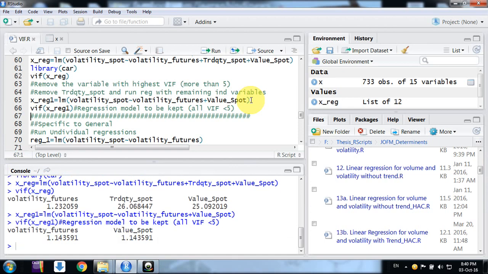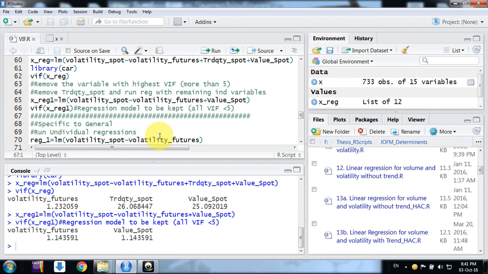Now I can see it's less than 5 for the two variables I am using in the model. So friends, this is the model I need to keep for my paper or my purpose. So simply friends, in a nutshell, when you know that this is your dependent variable, and it could be explained by some independent variables, you start with all of them at once, and then step by step you look at VIF, whether they are multi-collinear or not, and you remove the variable with the highest VIF.